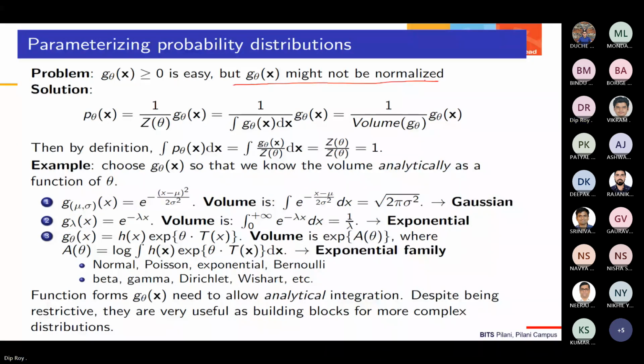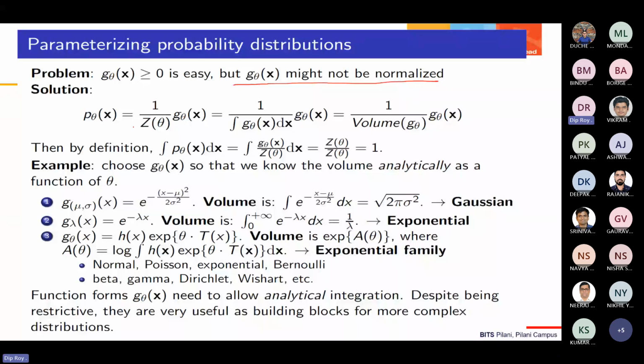And how does the solution go? This is what it is. The probability of x given theta is equal to g of x divided by z of theta. All right. What does it mean?